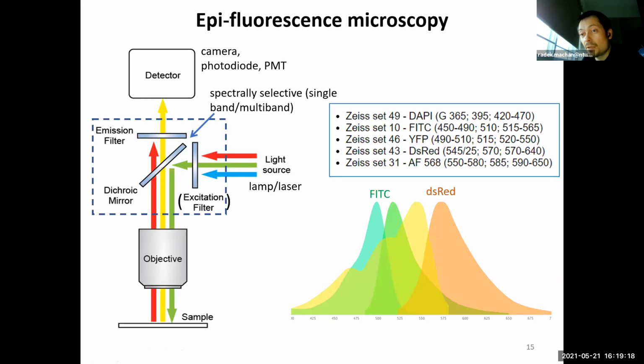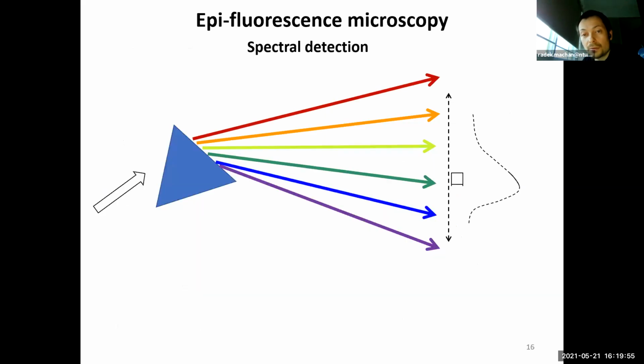I won't explain spectral unmixing now, but if you think you need it, you can approach us and we can help you with the spectral unmixing, so you can get the signal from each fluorophore without the spectral crosstalk. Especially if you want to quantify colocalization, spectral crosstalk is a serious issue.